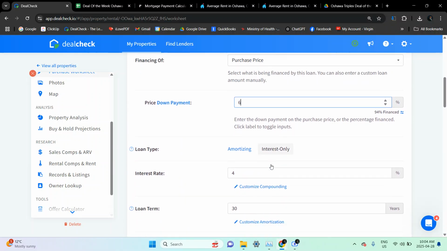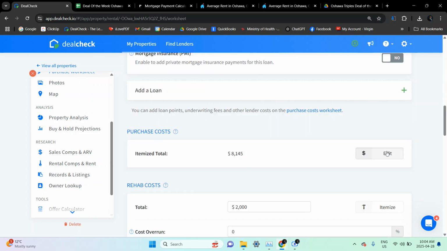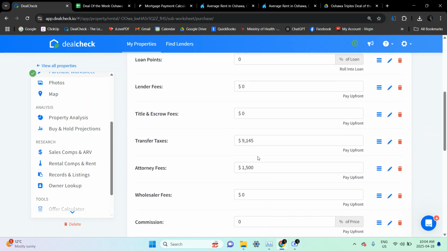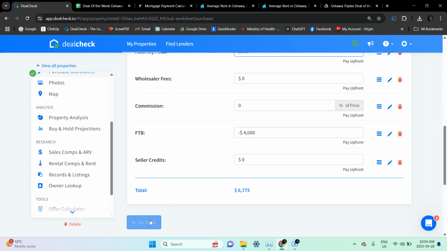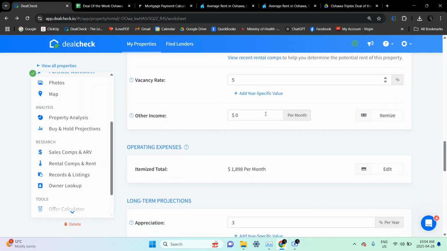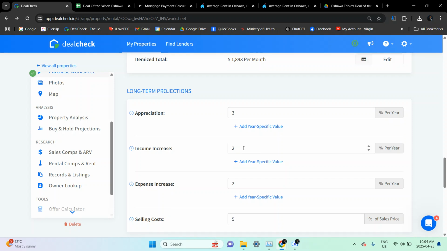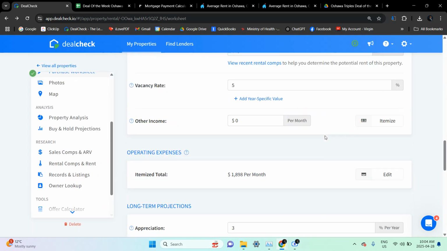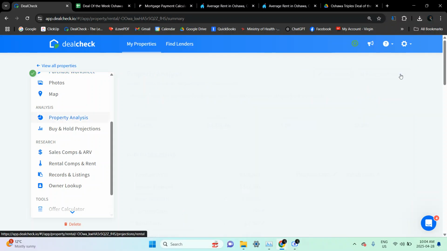I'll put that in a little bit later down there. We'll keep this the same. Here it is, $7,775. Everything else will remain the same: rehab, rental income, everything like that. Keep everything the same, and then go take a look at what those projections are.